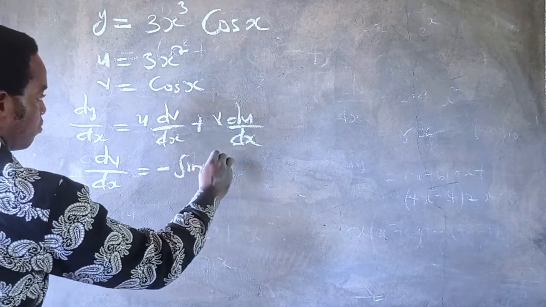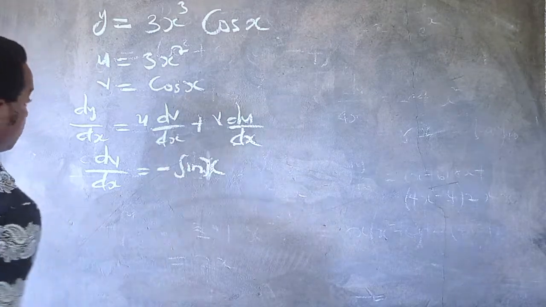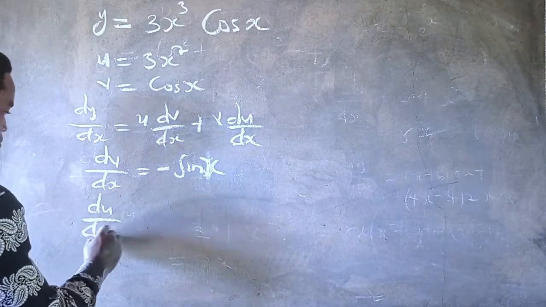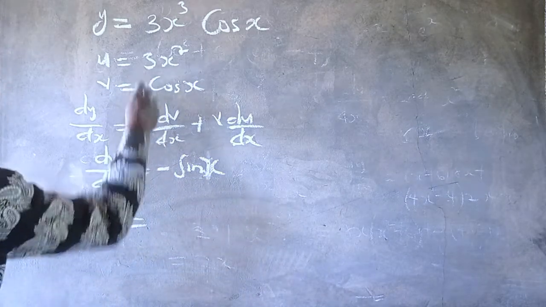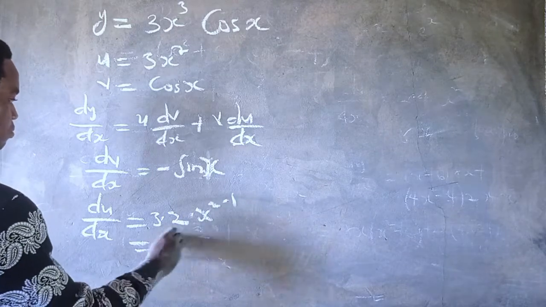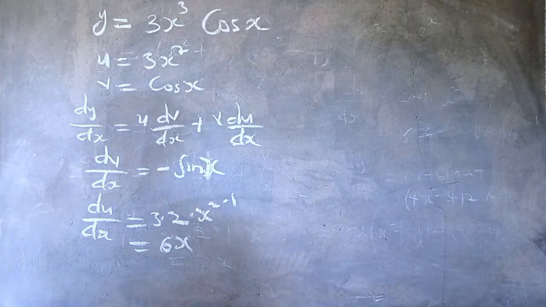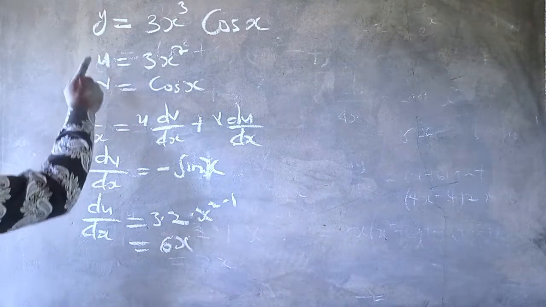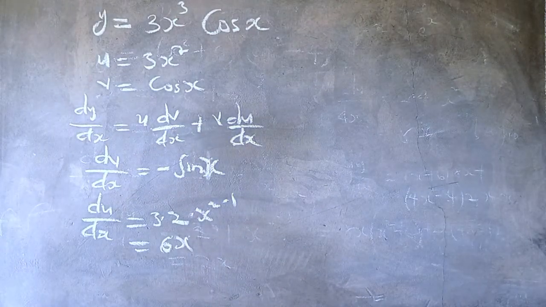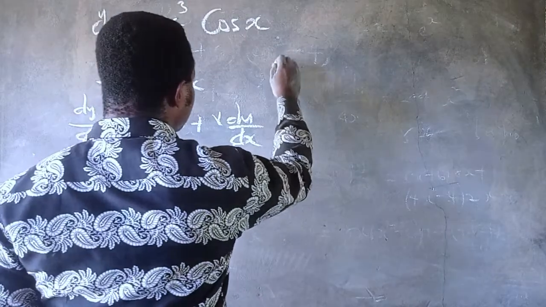The derivative of cos x is minus sine x. We also need the derivative of u, which is 3 times 2 x raised to power 2 minus 1, which is 6x. So what we just have to do now is put this value into the formula.